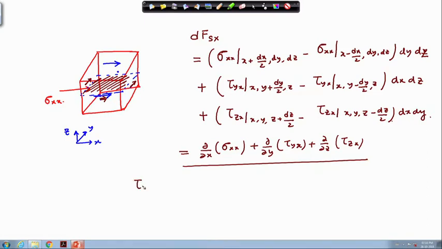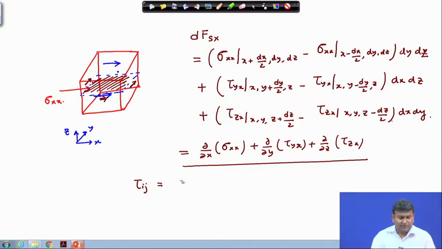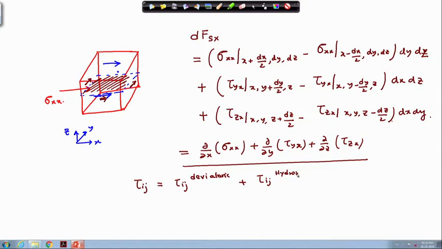So, any tau i j, please refer to the handout for more detail, can be split into tau i j deviatoric and tau i j hydrostatic, and you can do a little bit of detailed mathematics.